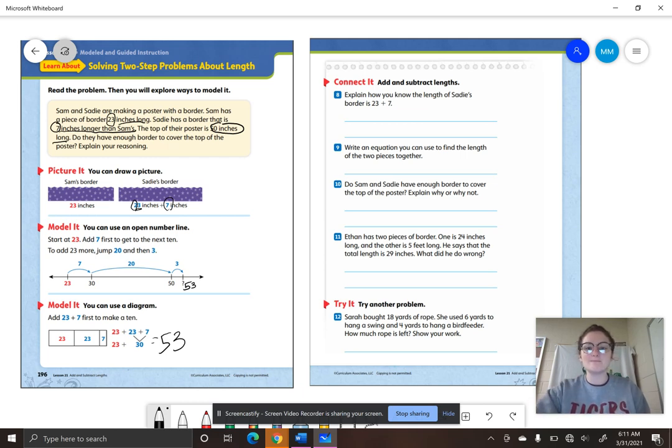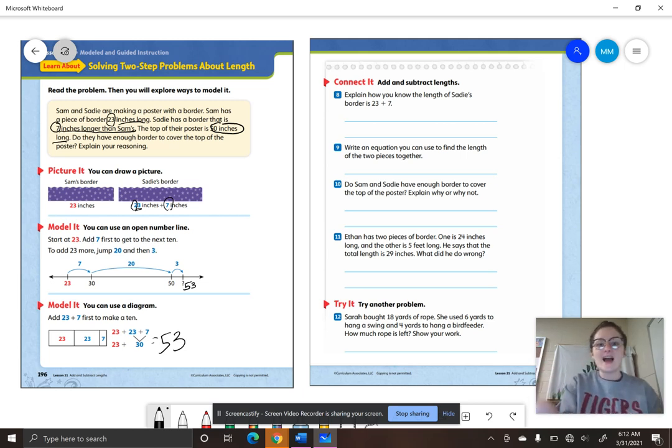Let's look at number 8. Explain how you know the length of Sadie's border is 23 plus 7. How do we know that Sadie's border is 23 plus 7? Because she has the same length as Sam, but 7 inches longer.